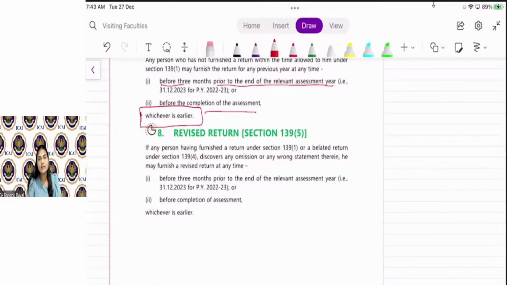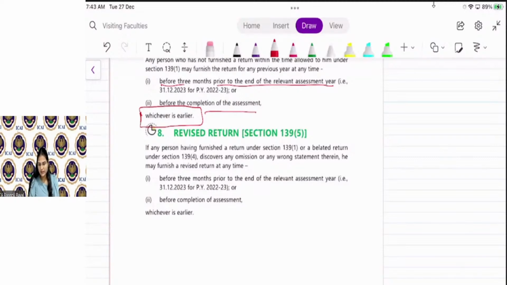Again, you can file a revised return. Revised return means what? I have already filed my return of income within due date or after due date. That is, even if I have filed the belated return, that is after due date, and after filing return of income, I realized that certain mistake was there in my return.